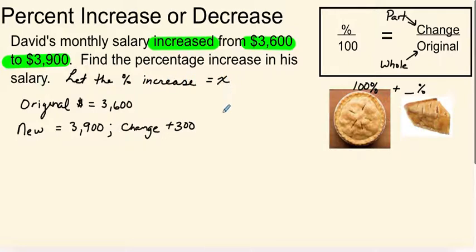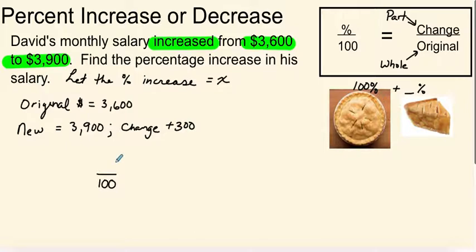Let the percent increase equal X. So now thinking about all of this information, let's think about where it's going to go in our relationship. And so I know that the original percent is always per cent or per 100. So that's pretty fixed in my equation.